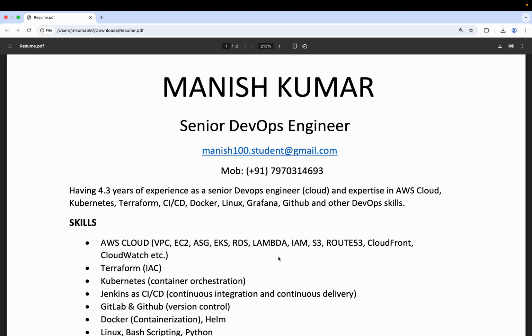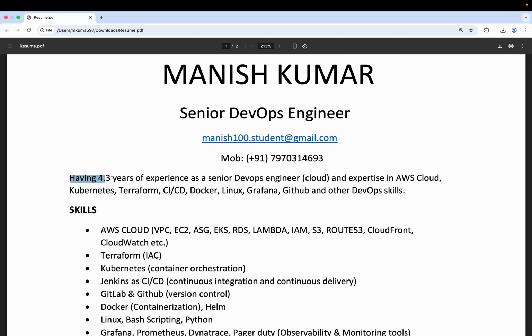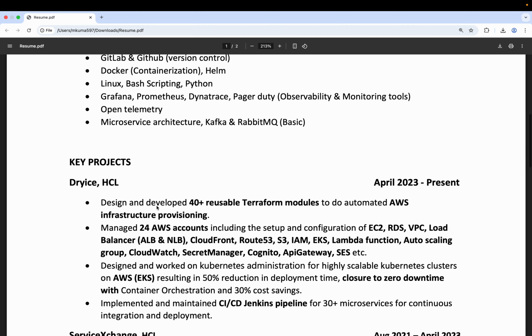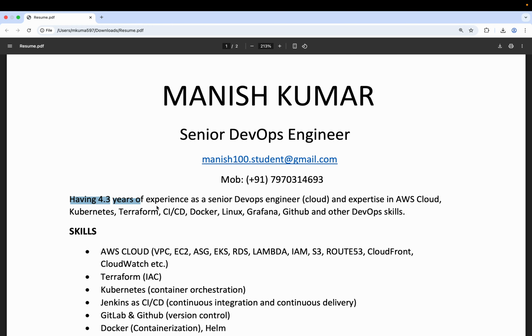This is a sample resume. It's my own resume, and you can see this is the previous number of years of experience. It's not the latest one, but I have opened it for your reference, so that you can understand what things you can mention in your resume and how your resume can get shortlisted during the shortlisting process.